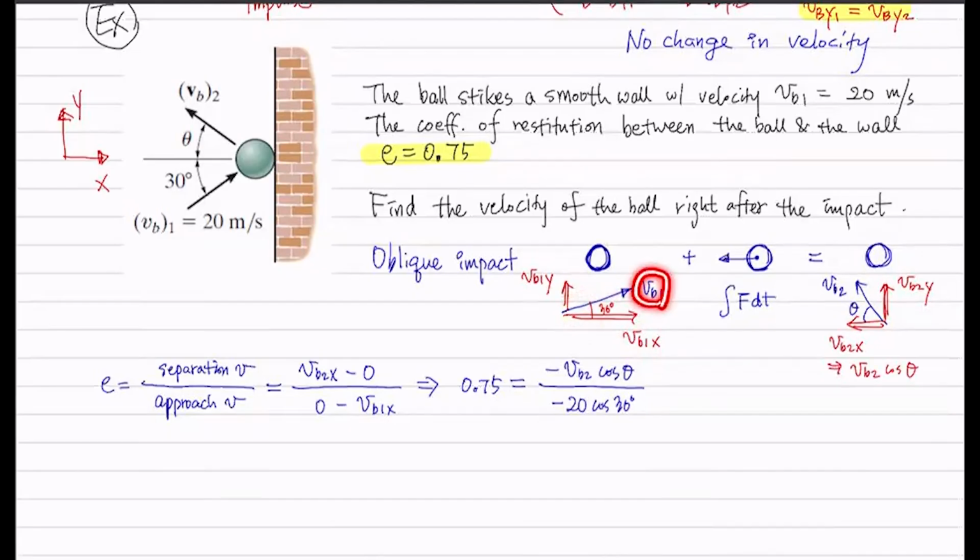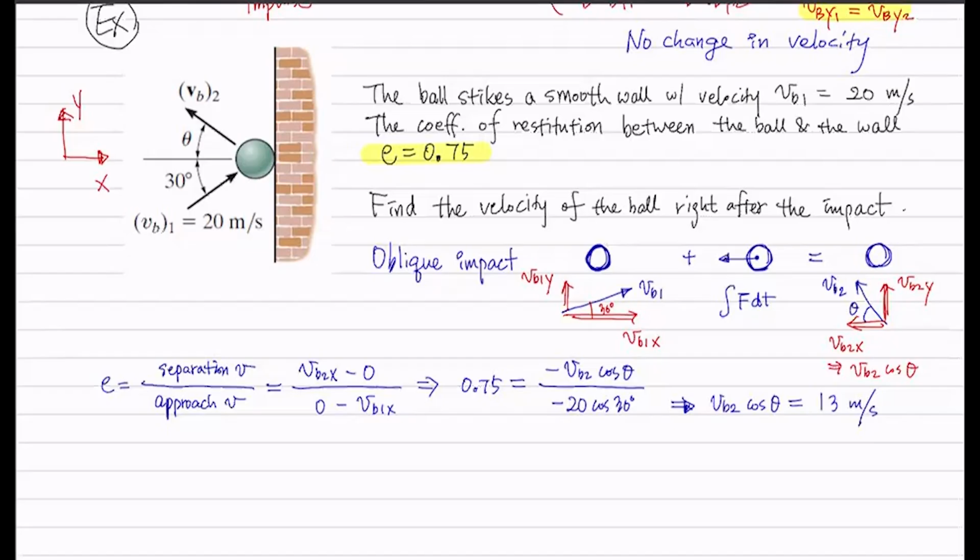So VB1 was 20 meters per second, so we have 20 there, and cosine 30, and it's 0 minus, so we have a minus sign there. And the reason why we have a minus here, although it's a positive thing, is because this guy is pointing towards the left, okay? And from here, we can find out VB2 cosine theta is about 13 meters per second.